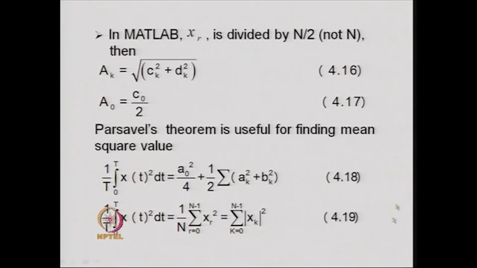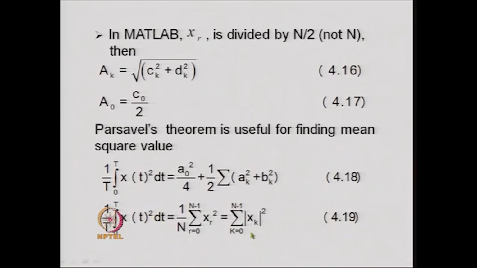Also, we discussed Parseval's theorem in order to find the mean square value. The mean square value of the process x(t), that is, the integration of x(t) squared from 0 to T multiplied by 1 by T, gives you the mean square value of a particular time history.